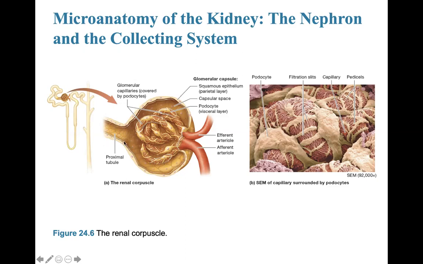What will eventually happen is that filtrate, which has been separated from the blood, will now go through the tubule network. And here's an EM, electron micrograph, looking at the capillary, and you can see the visceral layer with its filtration slits.